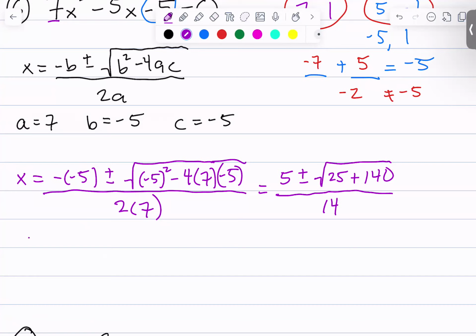Here we have x equals 5 plus or minus the square root of 165 over 14. 165, we can try and simplify that. So what number is the easiest to take out? It ends with a 5.